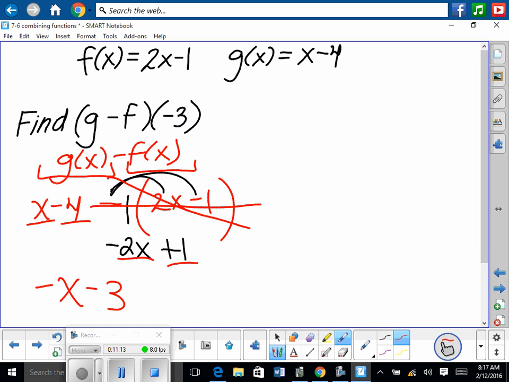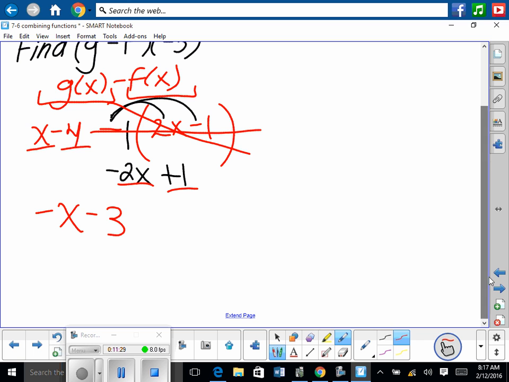But now we want g minus f of negative 3. So aren't we plugging in negative 3 wherever there's an x? So we're going to have, now very careful, because wherever there's an x, I'm substituting in negative 3. So very carefully, this is a negative in front, right? Anytime you're substituting in something, you've got to put parentheses. So we have negative 3.